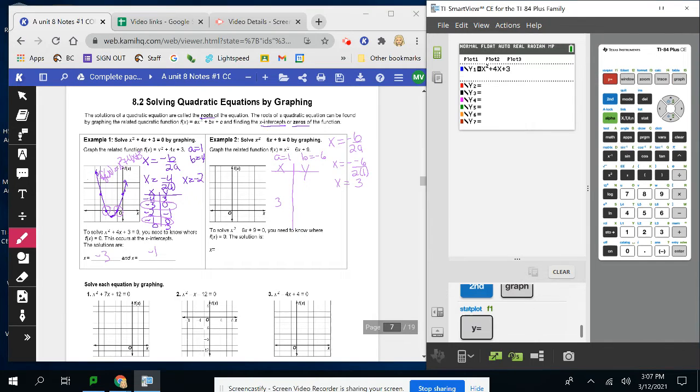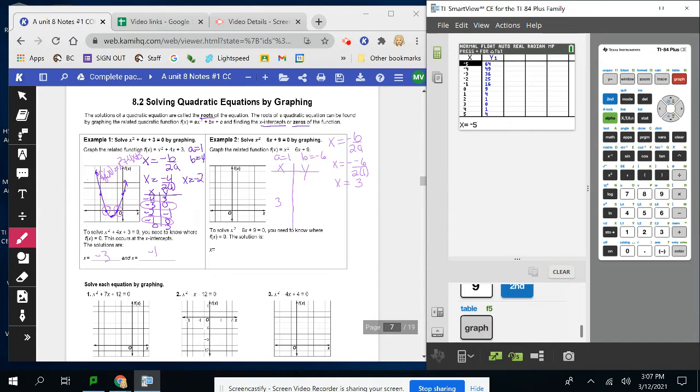Again, I go to y equals and enter that equation. Then I look at my table. You can see in my table that 3 is 0. 4 is 1, 5 is 4, 2 is 1, and 1 is 4. So I plot my points.